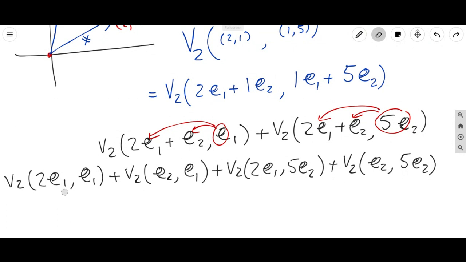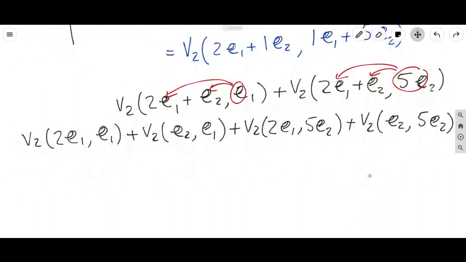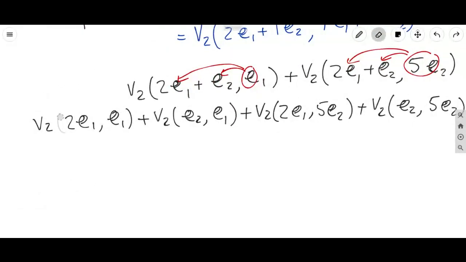Now, here's the nice fact. Remember the alternating property and the repetition property. You have E1 and you have E1. Because these two vectors are repeating, well, let me do this first. This 2 can be factored out. But after you factor out the 2, you're left with E1 and E1, and that's a repetition.